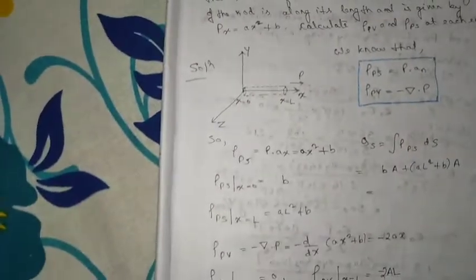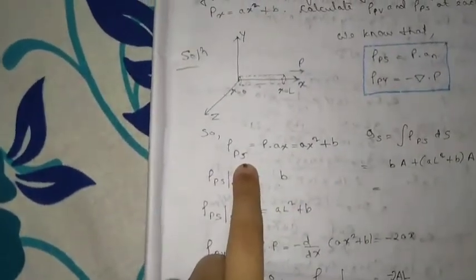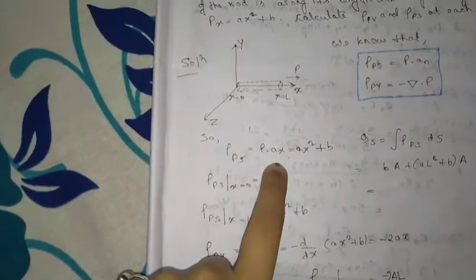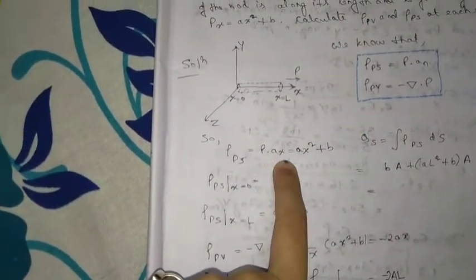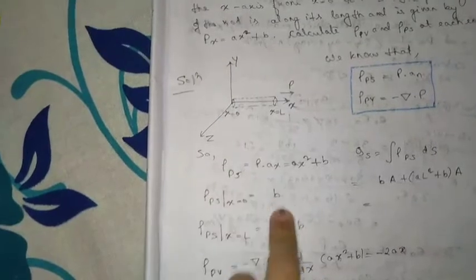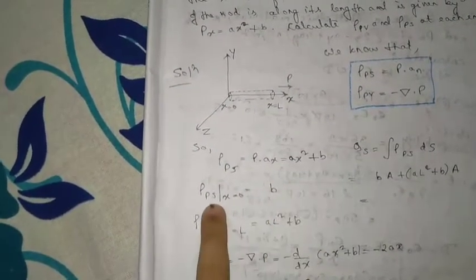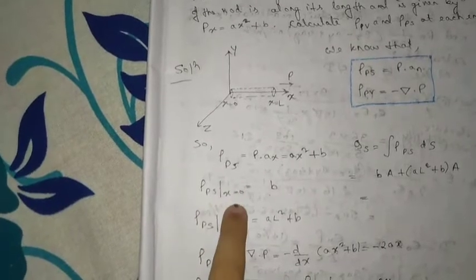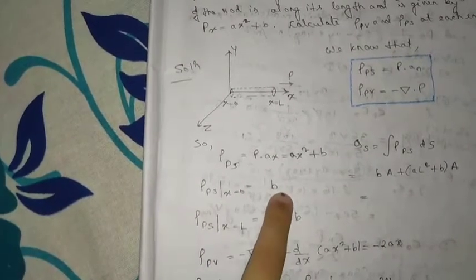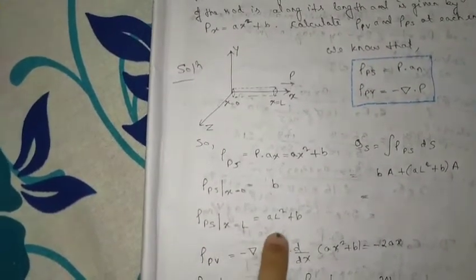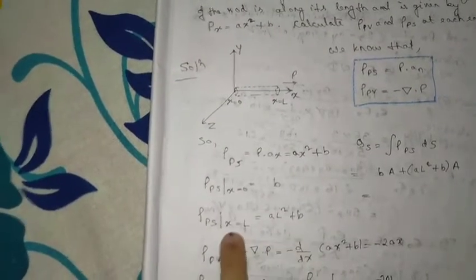First we will find the bound surface charge density. As it is given, the polarization is in the x direction, so we will take this. For x equal to 0 we will get b, and for x equal to L we will get this. That is the bound surface charge density.